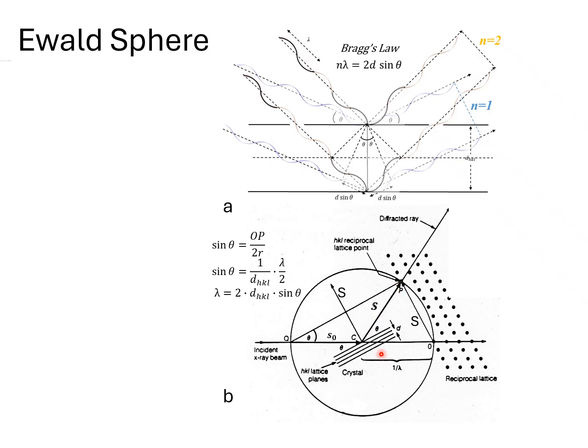And what the Ewald sphere construction does is that if we put our crystal at the center of the Ewald sphere and look at one point where the Ewald sphere intersects what we call the reciprocal lattice, this would be the origin, which would correspond to the direct beam.